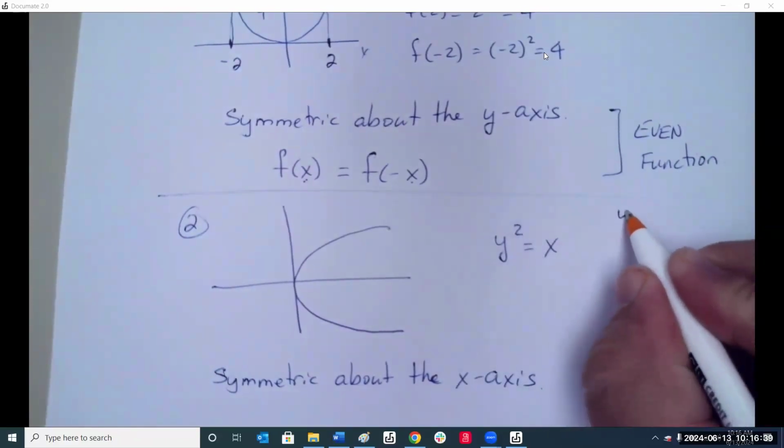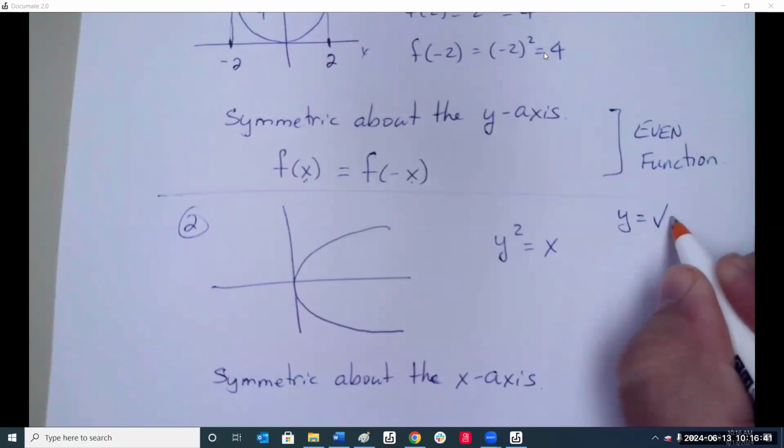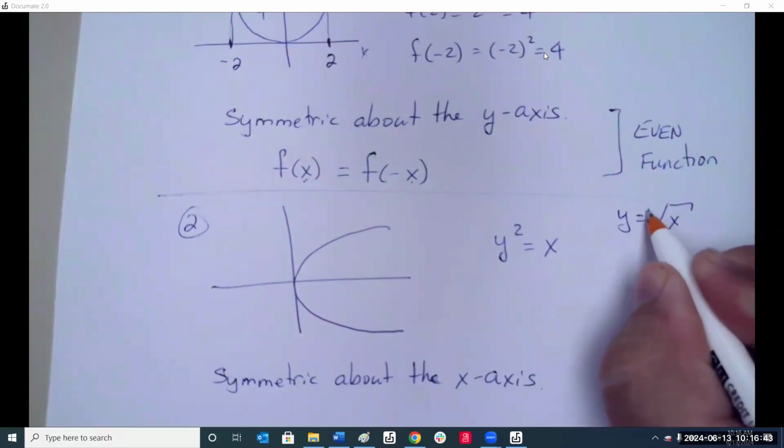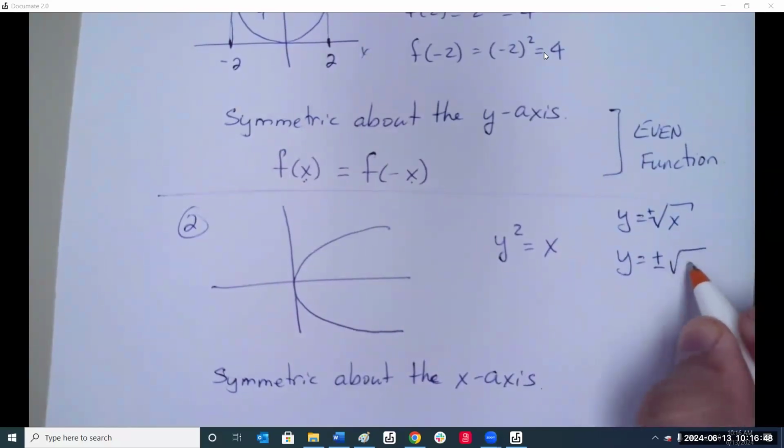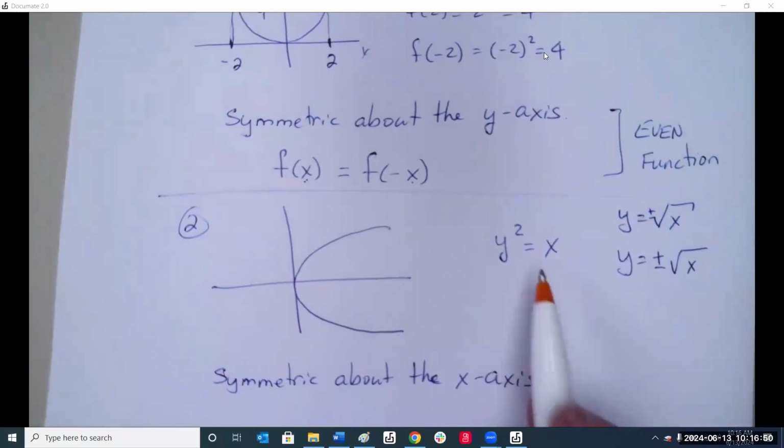In other words, it's this equation where it's plus or minus in front of it. So it's y equals plus or minus square root of x. That's what that one says. But this is how it looks.